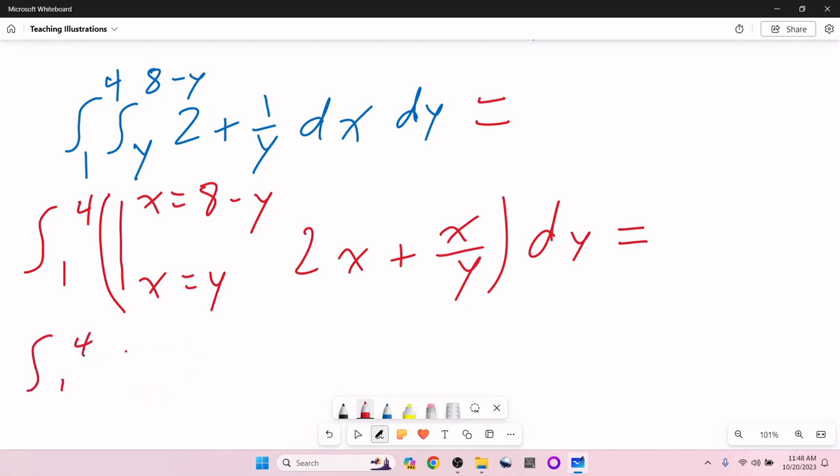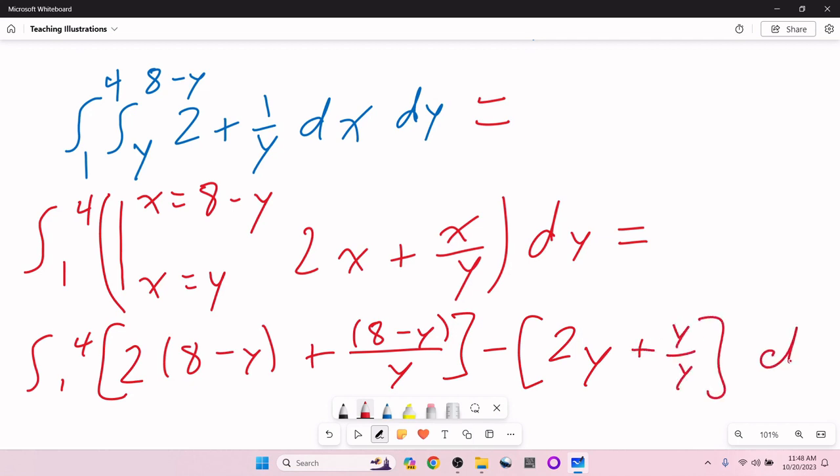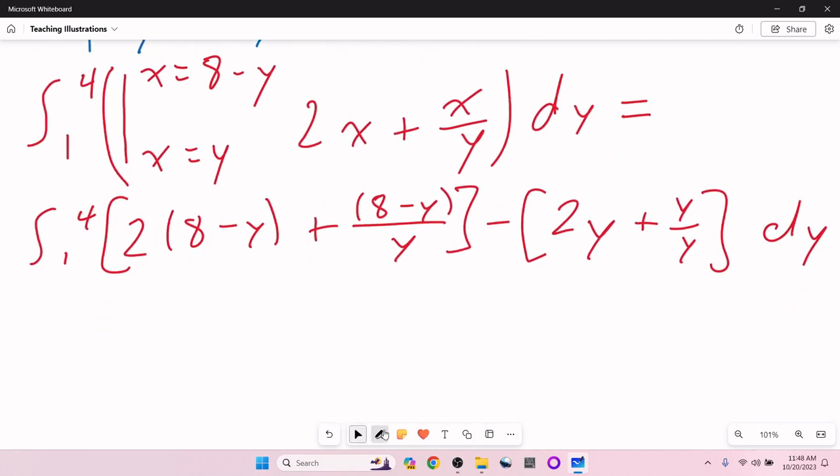So this would give us 2 times 8 minus y plus 8 minus y over y, bracket this, minus 2y plus y over y, dy. So let's work this out.